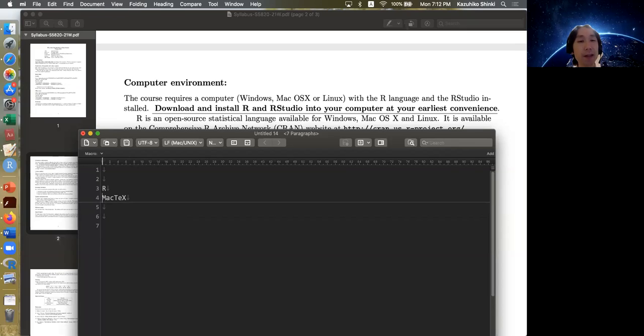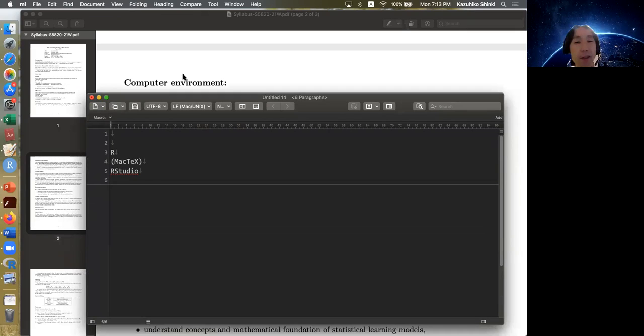After you install MacTeX, installing RStudio is not difficult. But if you don't install MacTeX, then maybe you have to install some additional components. So it depends.